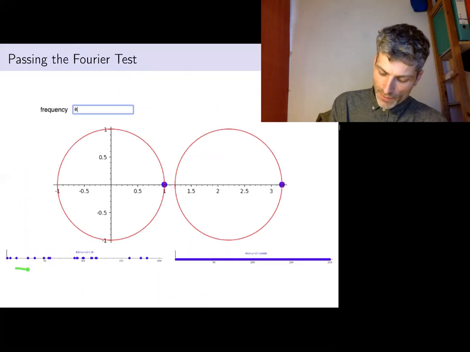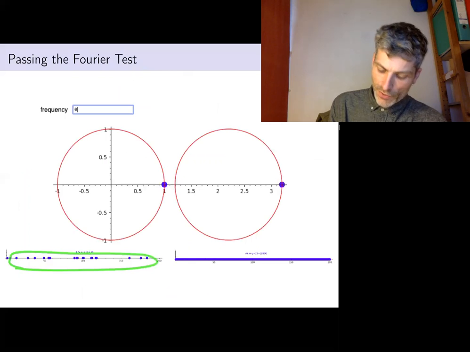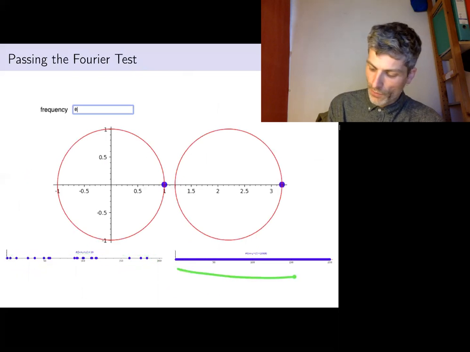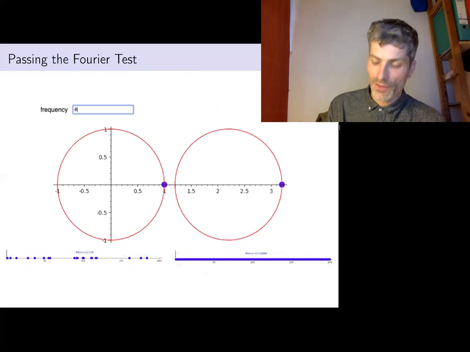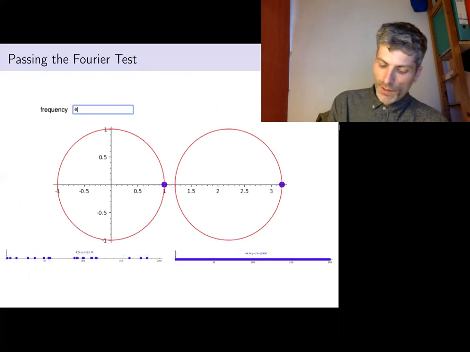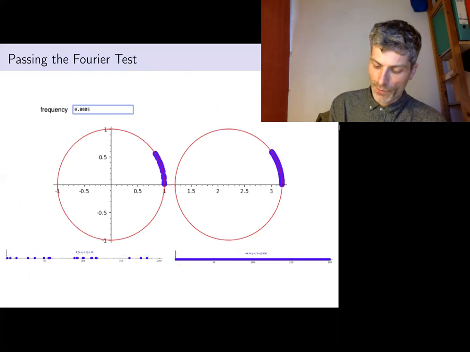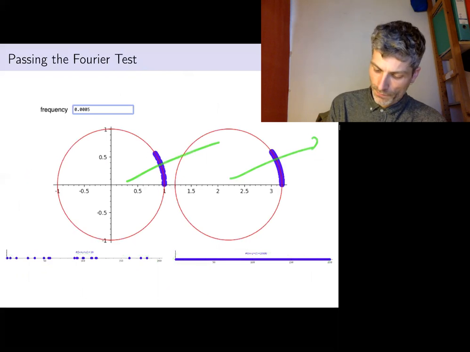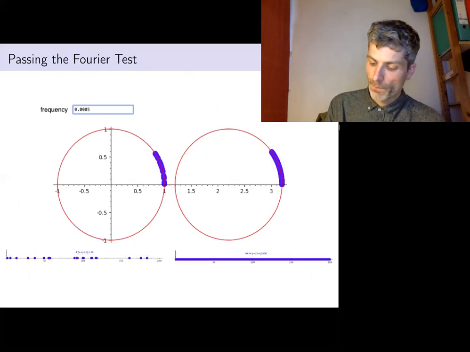So here's a random set of integers with only 19 solutions to our equation. Here's the full set of the interval of integers. Let's have a look at how these Fourier transforms compare as we vary frequencies. At first, they're both constrained to the same sub-arc, and they're distributed in a similar manner in these sub-arcs.